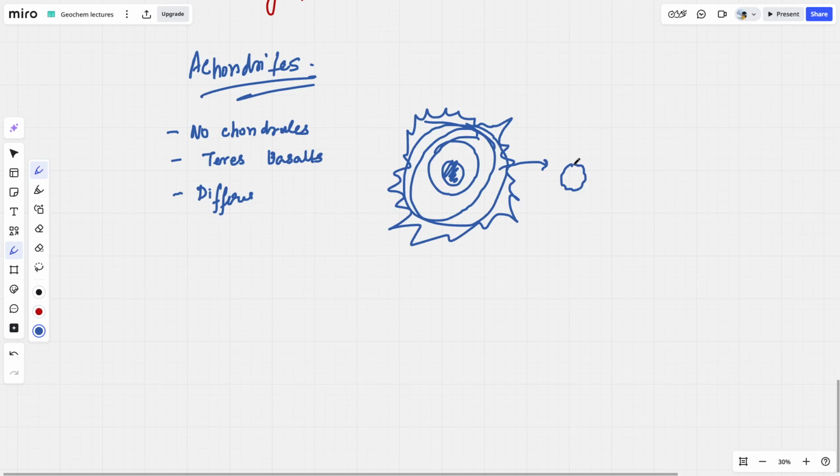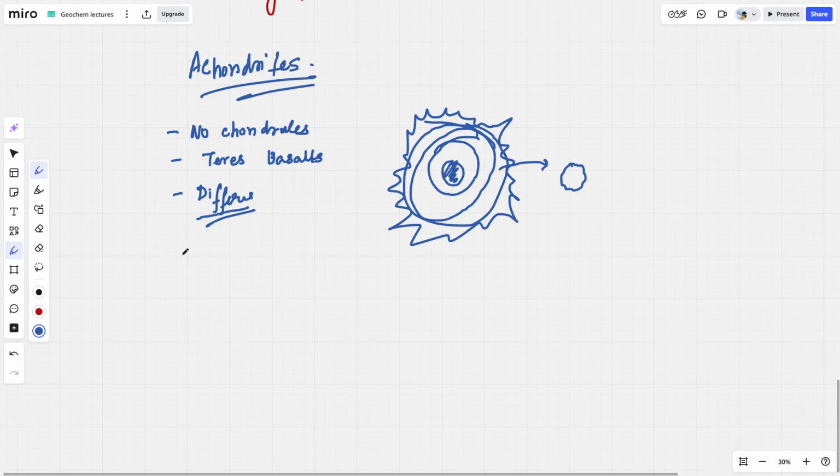Okay, so it forms from a differentiated explosion of a planetary body. So they may be fragments of already differentiated planetary crust. Okay, so it can be a crustal material, it can be a mantle material. Okay, these are achondrites.